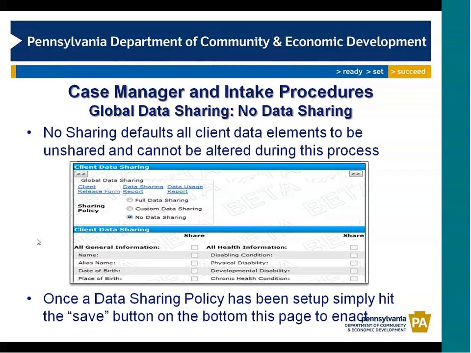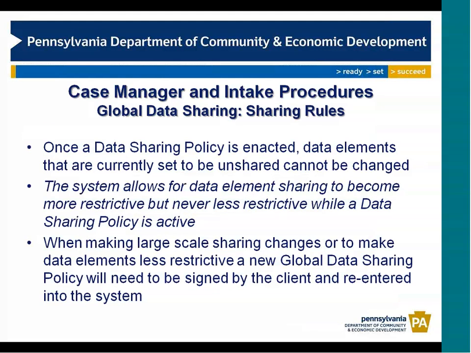There's no real expiration date on it until such time that the client wants to change it, and they can revoke that status by coming back into the agency and completing a new client consent form. Then the user will have to go back into the system and reapply that, and we'll show you the setting to do that at the end of this section.